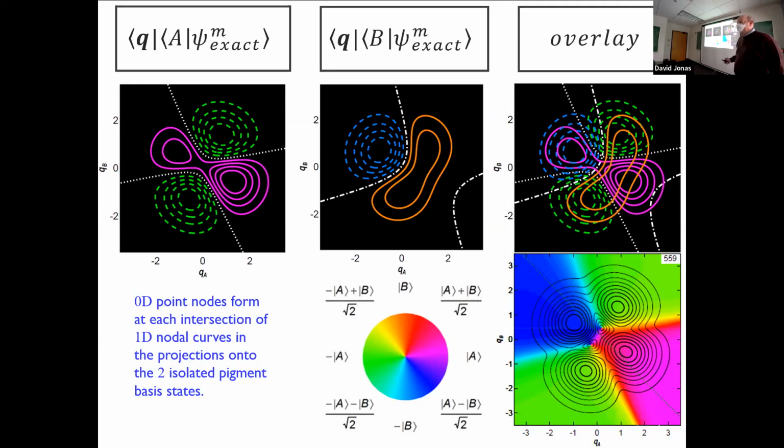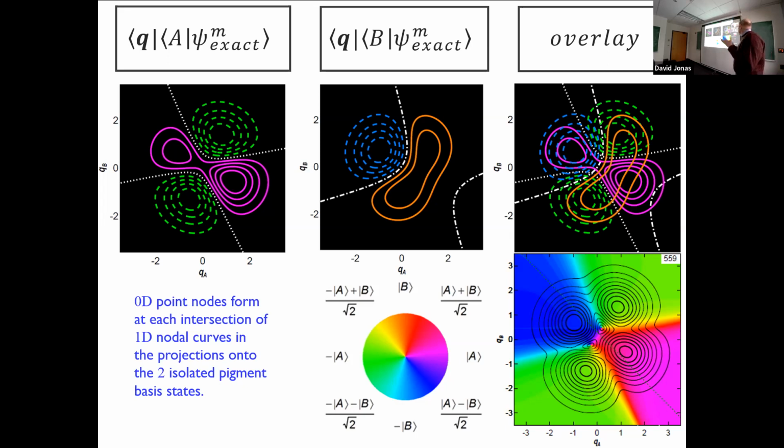Well, how does that happen? What Peter did to figure out how that happened was he plotted the projections of these exact eigenfunctions onto the acceptor and onto the donor. And those are nice and normal. They have nice nodal curves like we would expect in 2D. And where those nodal curves intersect, we get these conical nodes.